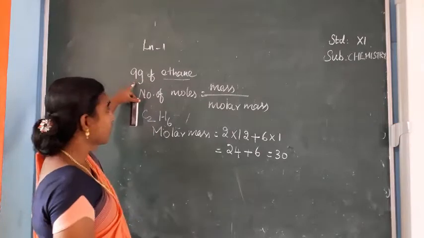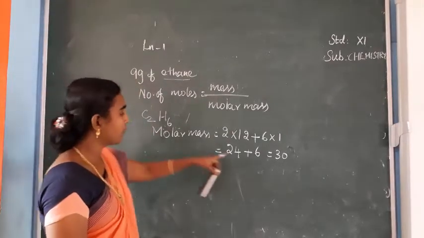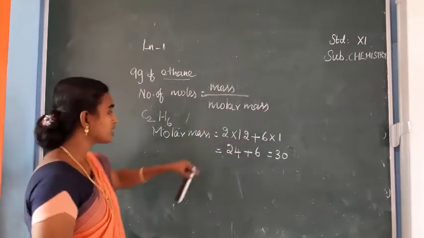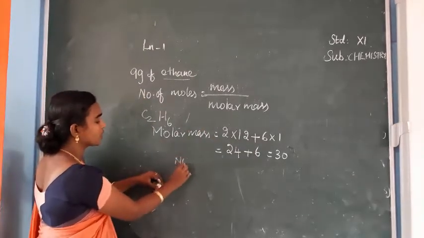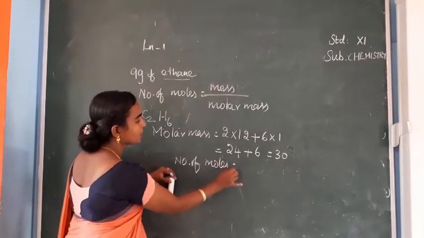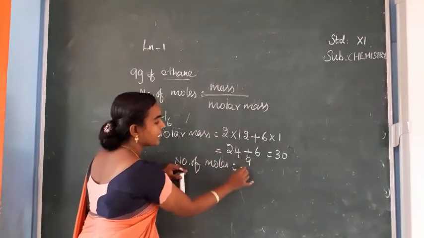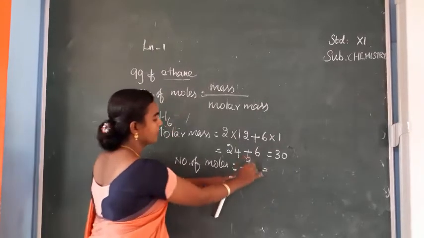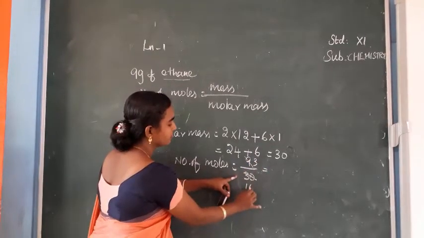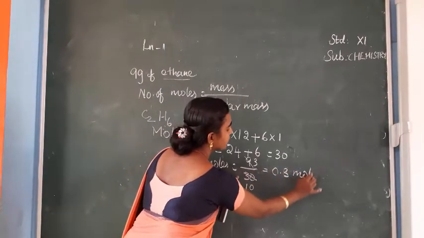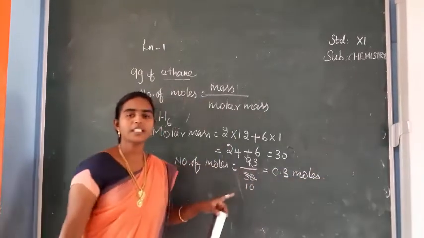So we know the mass, 9, and the molar mass, 30. Then how can we calculate the number of moles? Substitute the values in this equation. So number of moles is equal to mass 9 divided by 30, which is 0.3 moles.